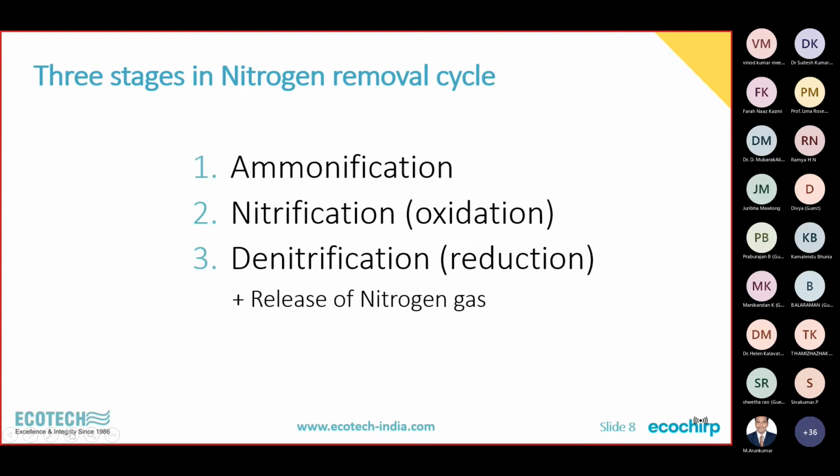That is the denitrification stage. So in a domestic STP, all these stages are encountered: ammonification, nitrification, denitrification, and then you are done. You control both the ammoniacal nitrogen to less than 5 ppm and the total nitrogen to less than 10 ppm.